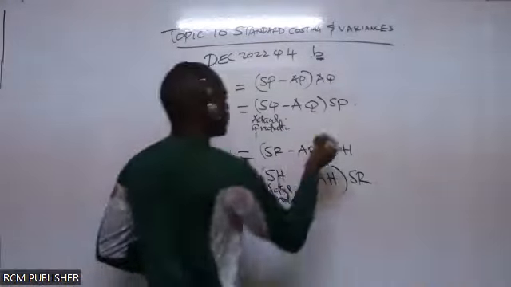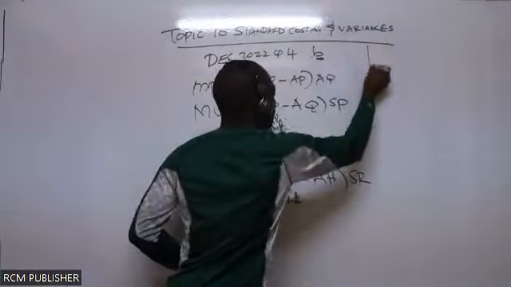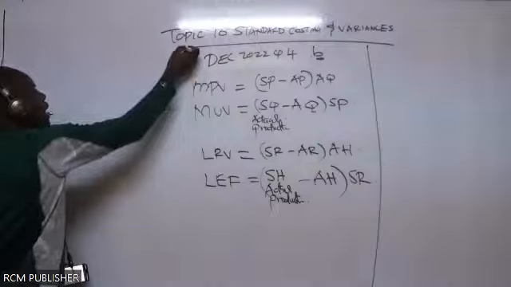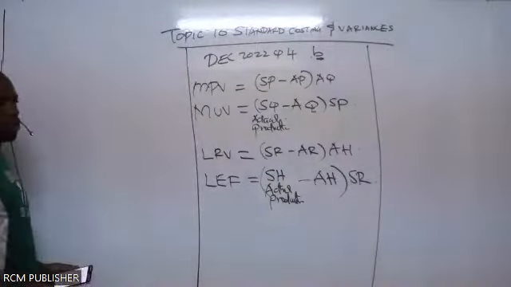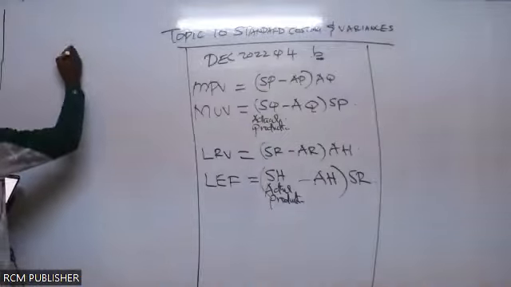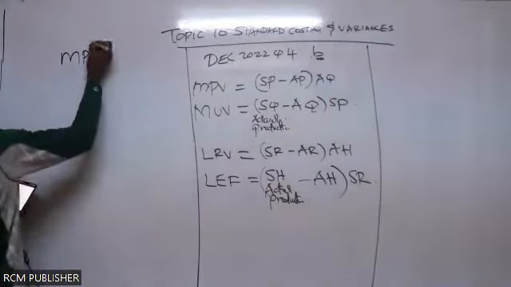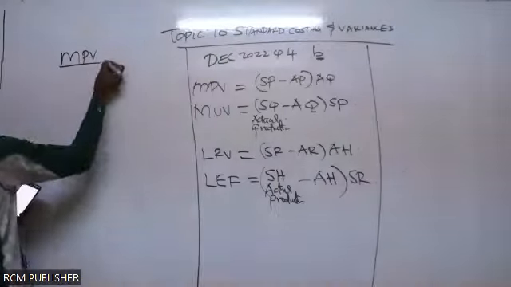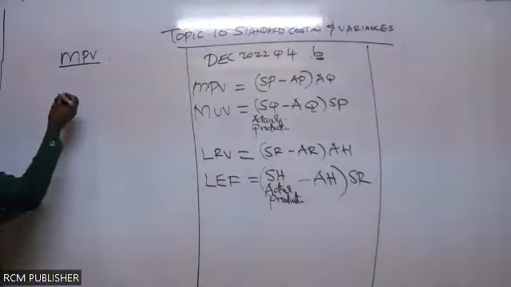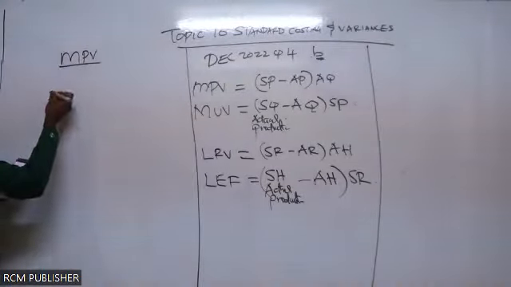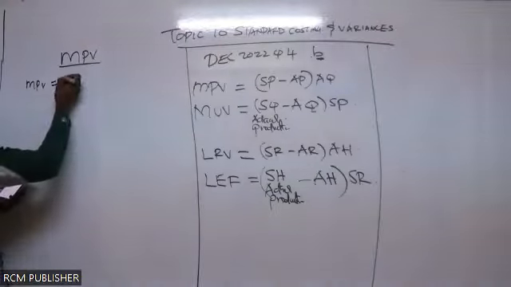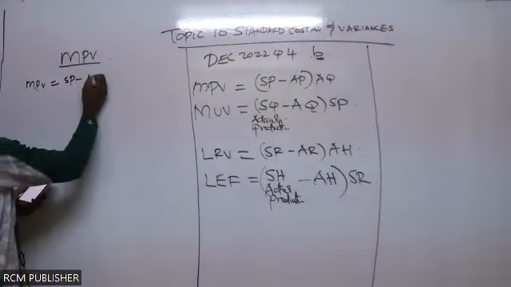So let's work out these ones first because you are familiar with these ones, and then we get to the new items that you are going to introduce. So I want you to help me get that material price variance. The formula says material price variance will be equivalent to standard price minus actual price.